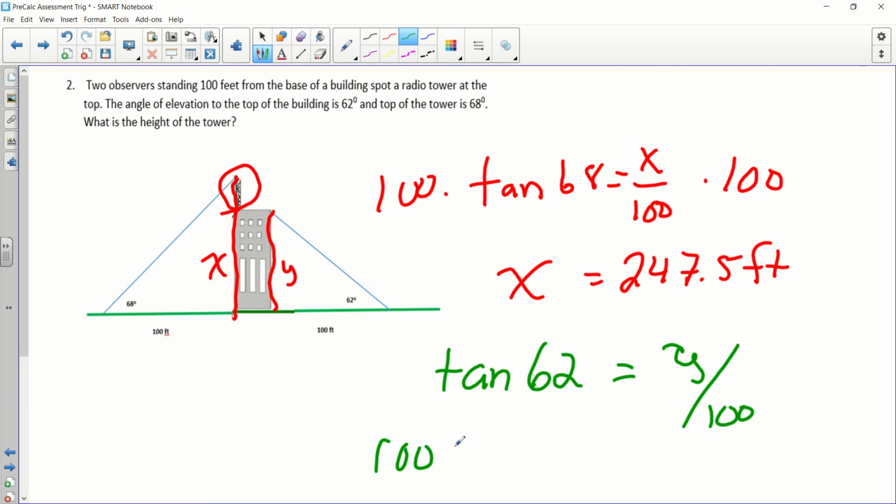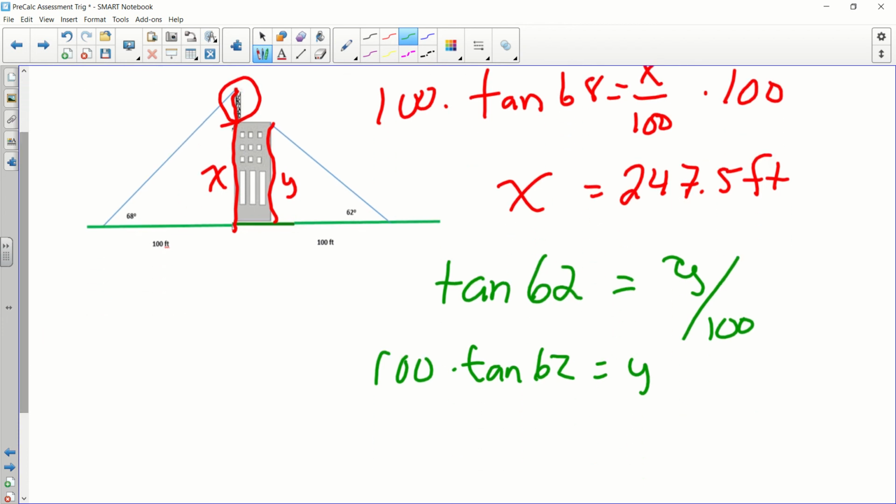So 100 times the tangent of 62 will equal Y. And using my calculator, 100 times the tangent of 62 is equivalent to 188.1 feet.